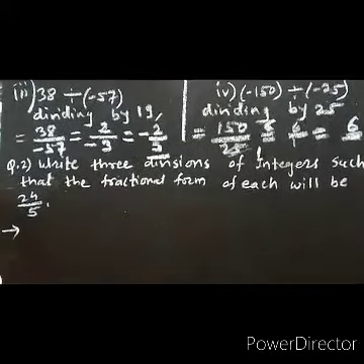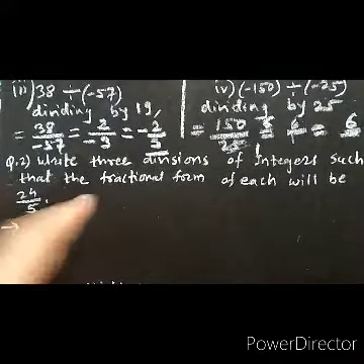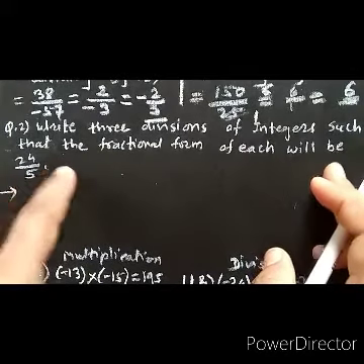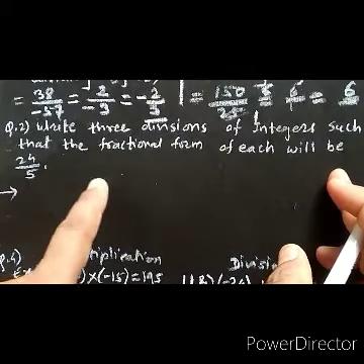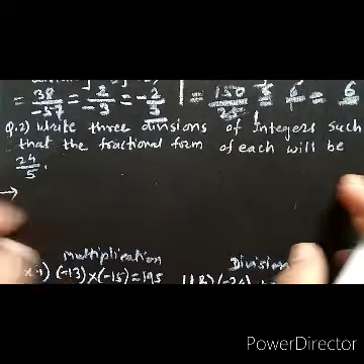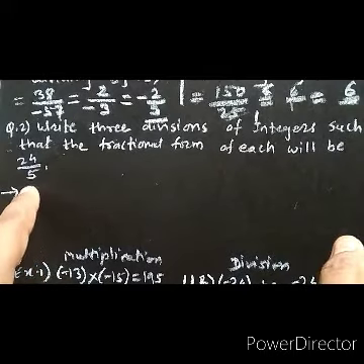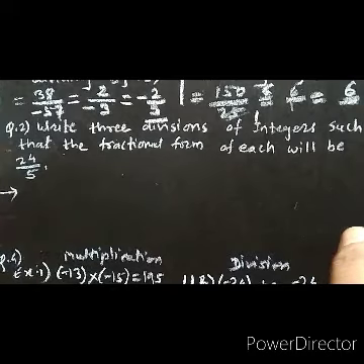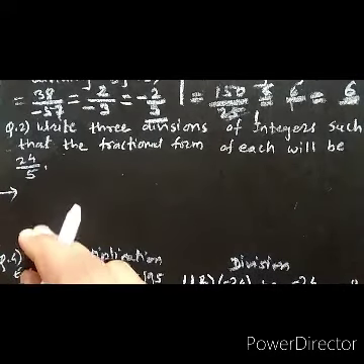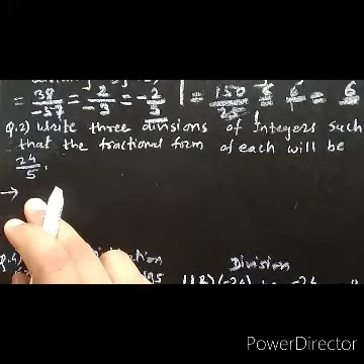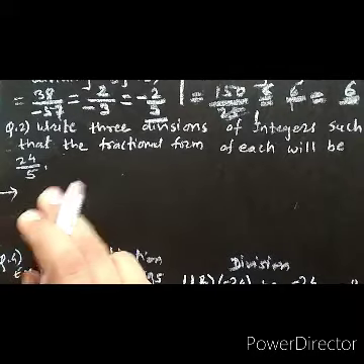Now let us see the next question. Question number 2. Write 3 divisions of integers such that the fraction form of each will be 24 upon 5. So here we have the fraction 24 upon 5 and we have to find 3 divisions of integers which give the fraction 24 upon 5. We can multiply the numerator and denominator by 2, 3, 4 and so on.